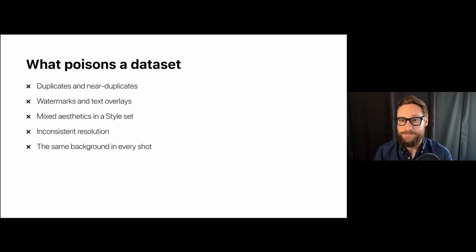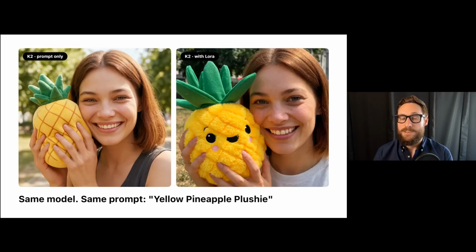Now, I want to do some quick testing as proof. On the left here, still using K2 large, just using the prompt, we have the consistent LoRA of our female character. It's exactly the same model, with and without that pineapple plushie LoRA attached.